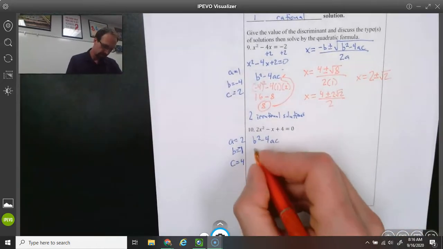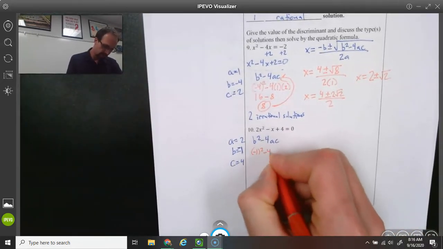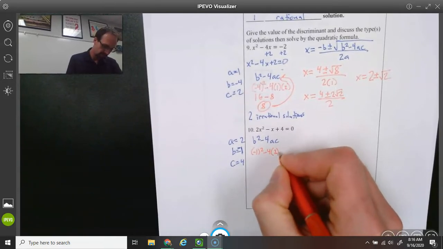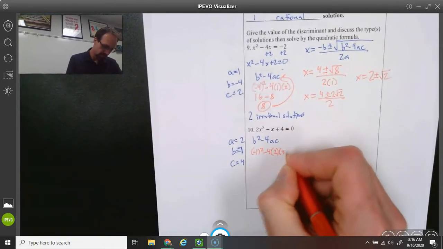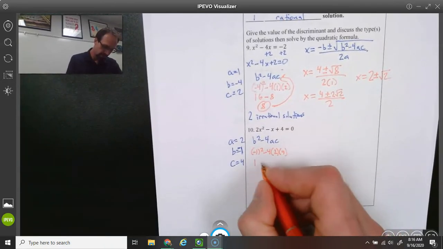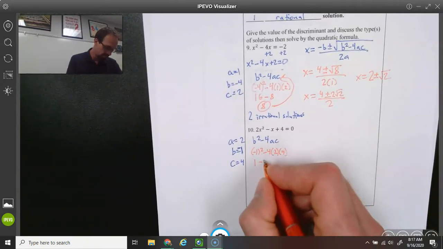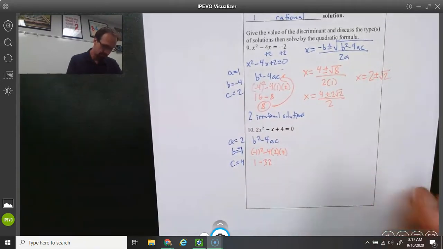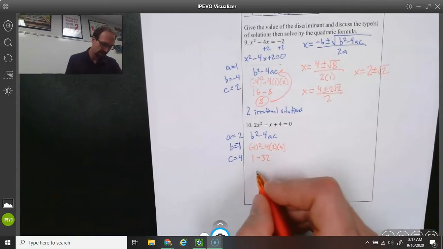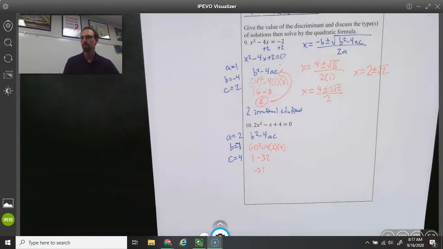Now if I plug in, I have negative 1 squared minus 4 times 2 times 4. So I'm going to have 1 minus 8 times 4 is 32. And that gives me negative 31. So because of that, I know that I'm going to have two complex solutions.